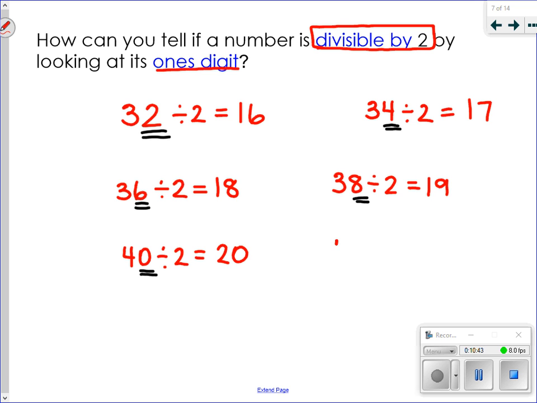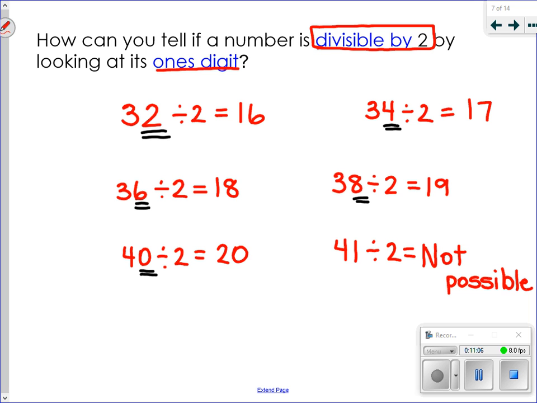Let's try another one. 41 divided by 2. Can I divide 41 into 2 equal groups? No, I can't. I didn't get a whole number. I'd get a decimal. Okay.